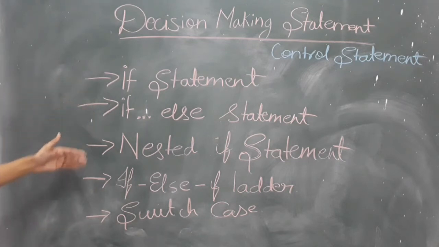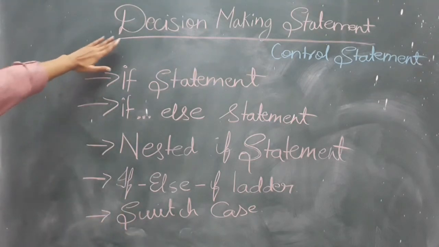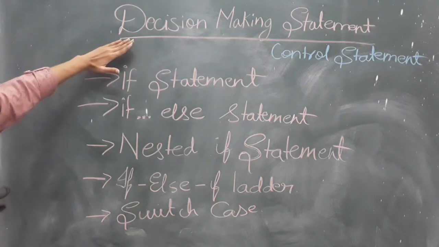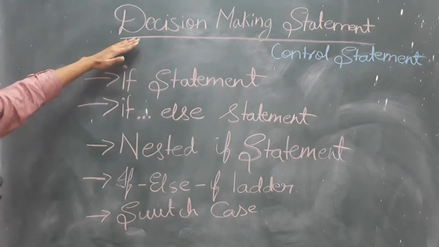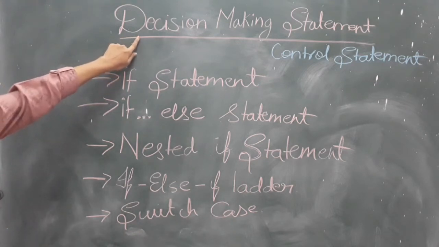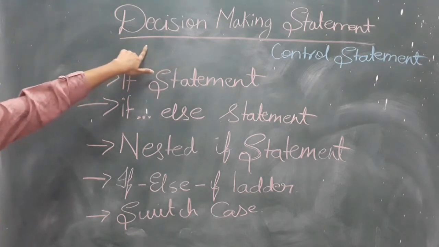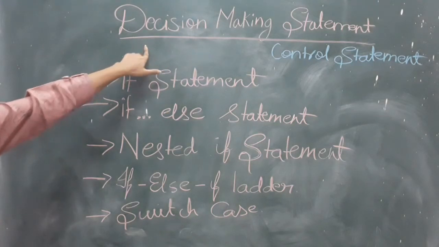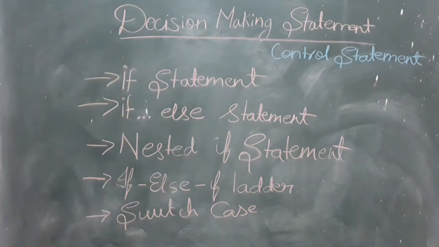We will study one by one in detail in the further classes. Okay. Now, the foremost thing, we need to make decisions by using decision making statements in the programming language. As the decision making statements control the execution of a program, that is why we call them control statements as well.